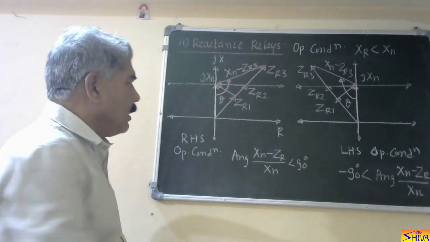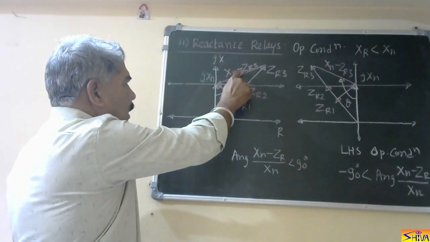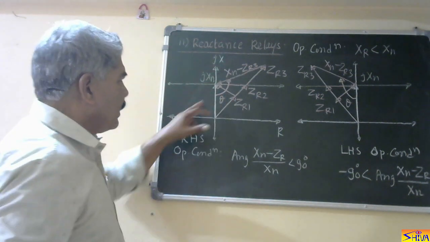Now measure the angle of the vector Xn minus Zr with respect to vector Xn.